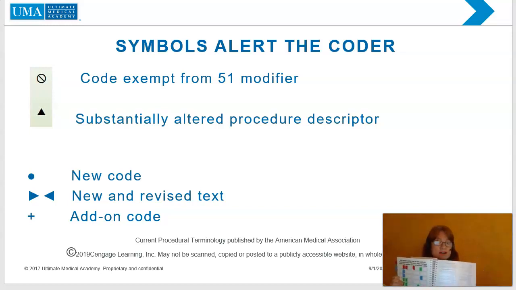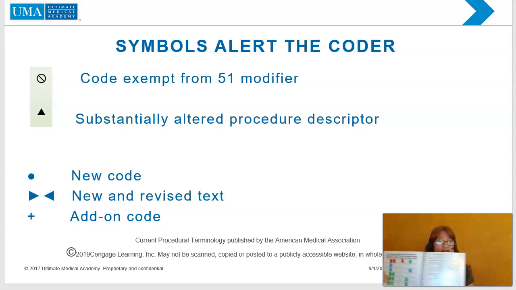What I want to point out here is these symbols we will see throughout the book. The modifiers, I like to refer to this as my quick reference guide to modifiers. There's a complete and detailed description in Appendix A that we will go over in much more detail in another lecture. But let's talk about these symbols and what they mean.